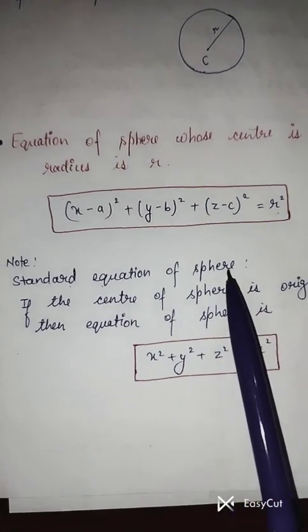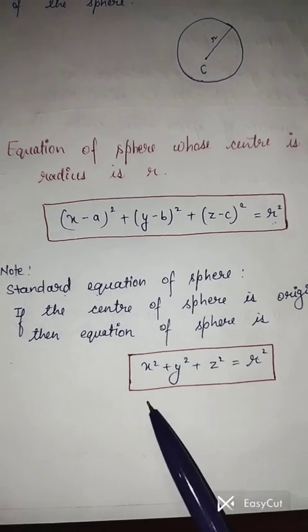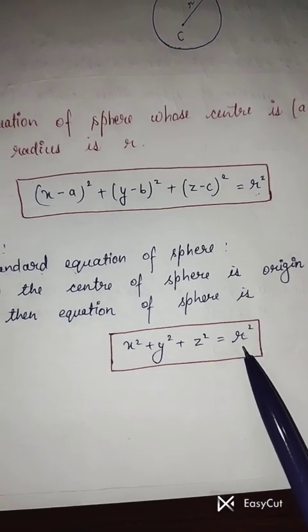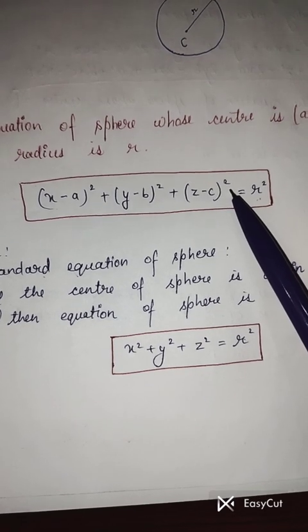Now, the standard equation of a sphere is x square plus y square plus z square is equal to r square, and we can obtain this result from the above equation.